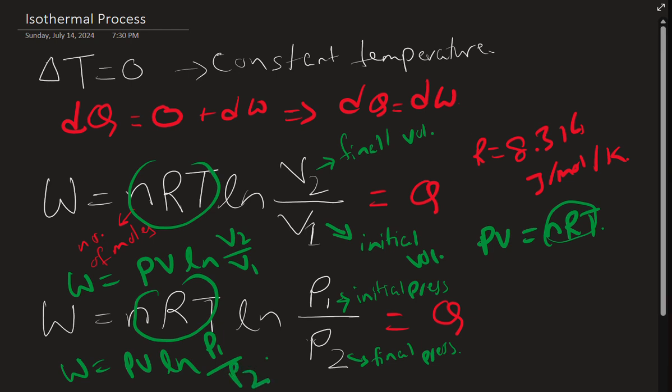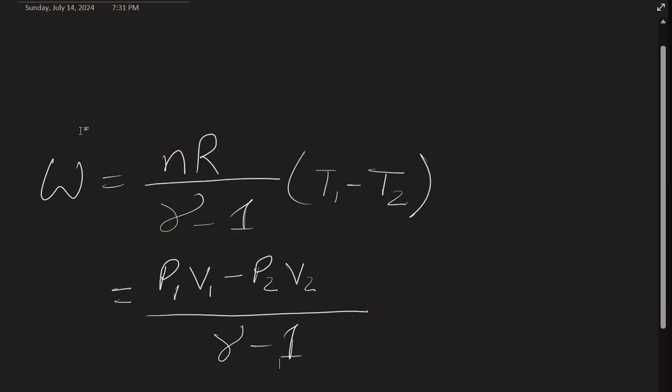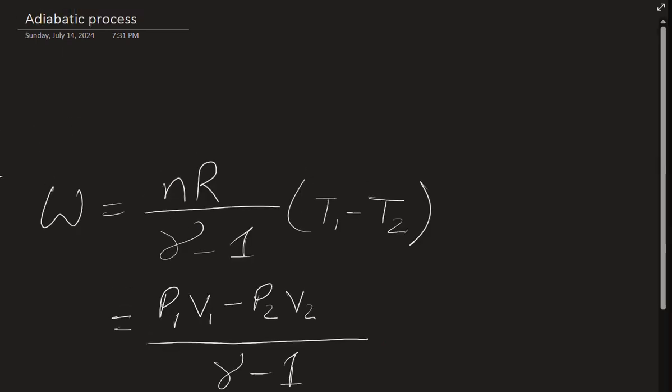Right. Now let's move on to the next process, which is called the adiabatic process. Now, in adiabatic process, the change of heat is 0. So dq or delta Q is equal to 0.